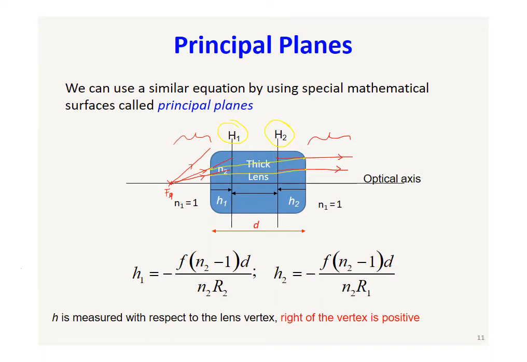To calculate where those principal planes are located, we need to know the thickness of the lens, D. We need to know the refractive index, the radii of curvature, and we need to know the effective focal length. So this is the effective focal length of the thick lens, and we'll see shortly how we calculate that.